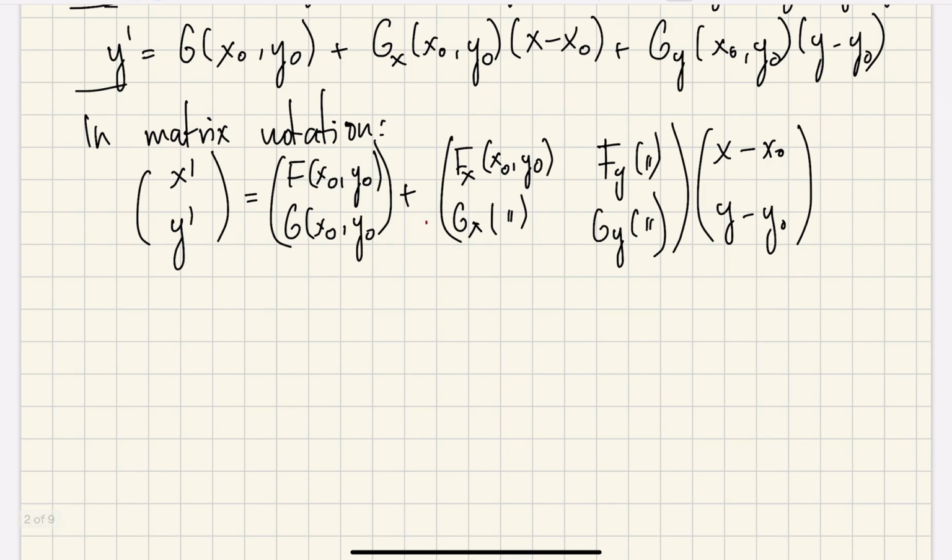Now this thing is what we call a Jacobian matrix. You might recall this from Calc 3.